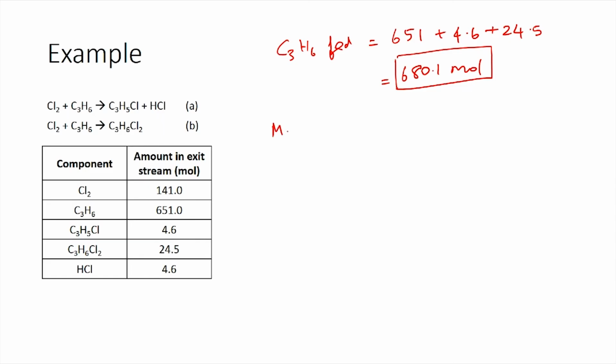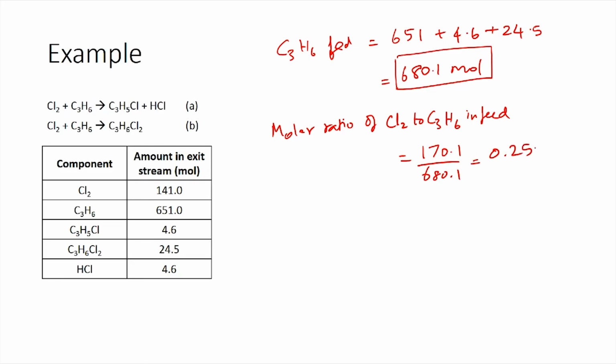So, the molar ratio of chlorine to C3H6 in the feed is actually 170.1 divided by 680.1, giving you a value of 0.2501, whereas the stoichiometric requirement is actually 1:1.